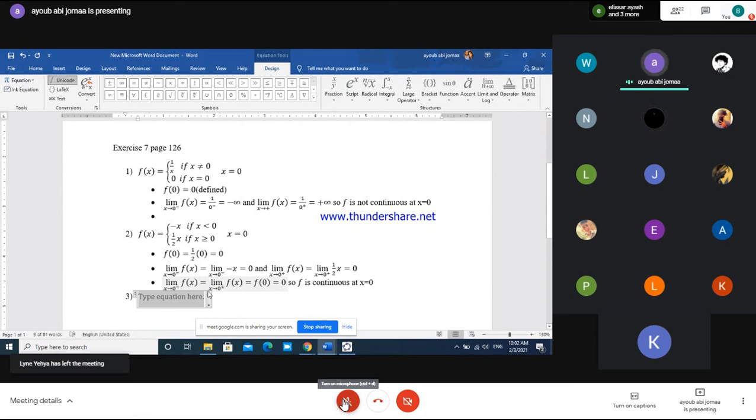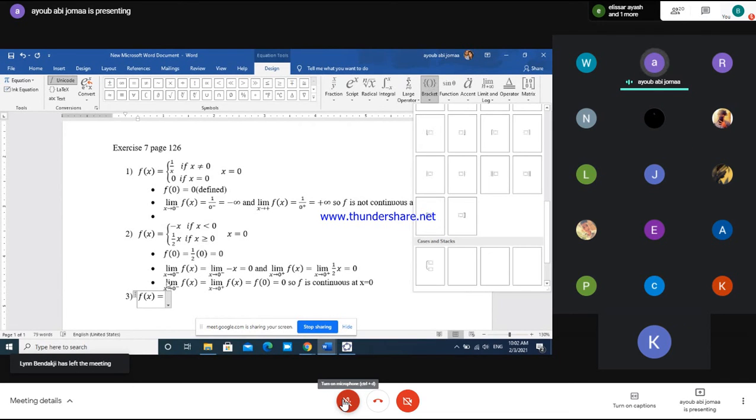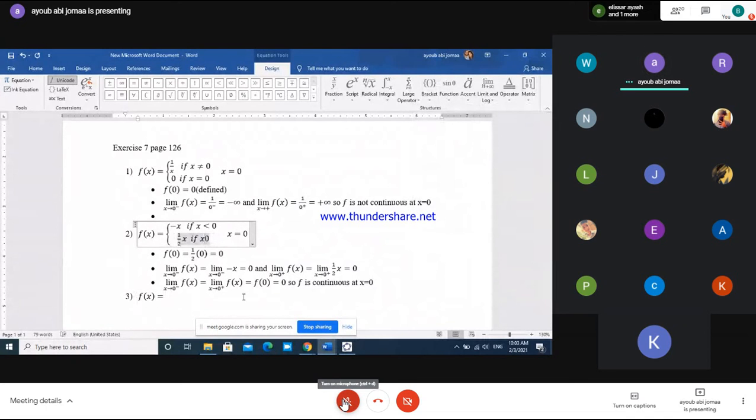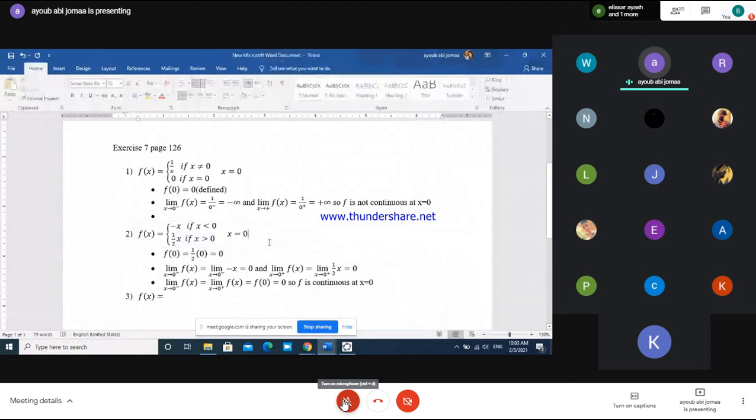Professor, how do I know if f of 0 is defined or not? Here you have f of x equal half x if x is greater than or equal to 0. See this, or equal, it means 0 is in the domain. But suppose I change the statement of the question so that it is strictly greater than.